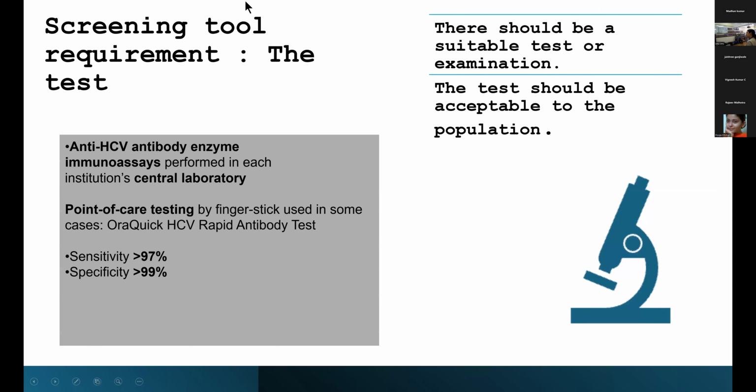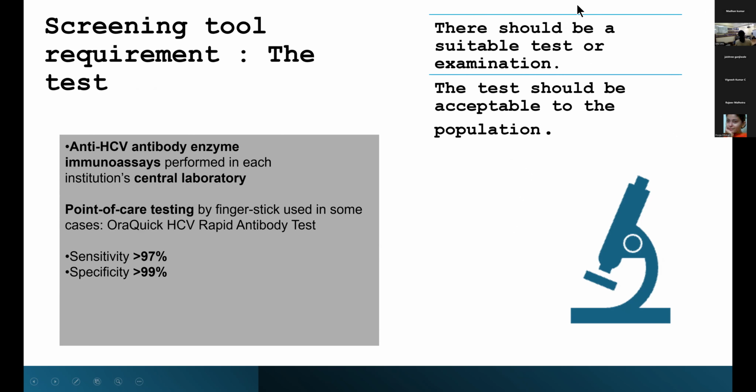Now back to Wilson's criteria for the screening tool: we described the requirements for the condition, then for the test itself. There should be a suitable test or examination, and the test should be acceptable to the population. What do we mean by a suitable test? One, is it cost-effective and easy to do?